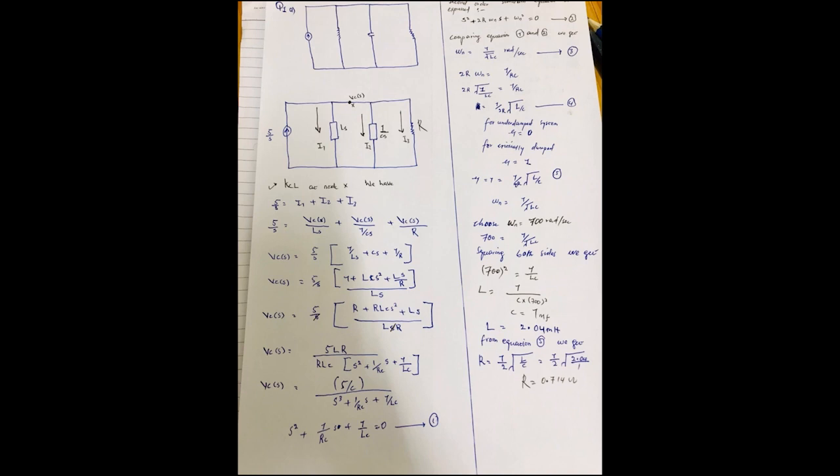We also got equation number four, and equation number five. As I mentioned before, we choose omega as 700 radian per second. Applying these equations, we find our inductor is 2.04 millihenry, and from equation number 5 we get our resistance 0.7 ohm.